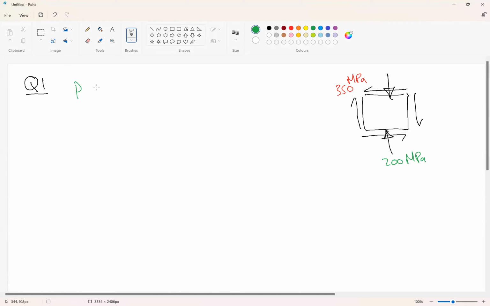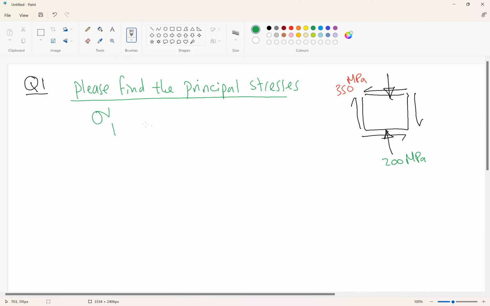And the requirement is please find the principal stresses on this element. The principal stresses have the names sigma 1 and sigma 2, or sigma max and sigma minimum.